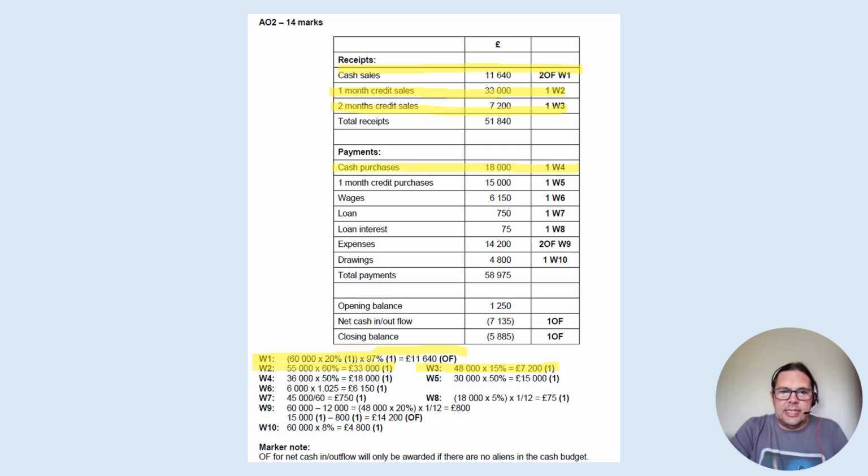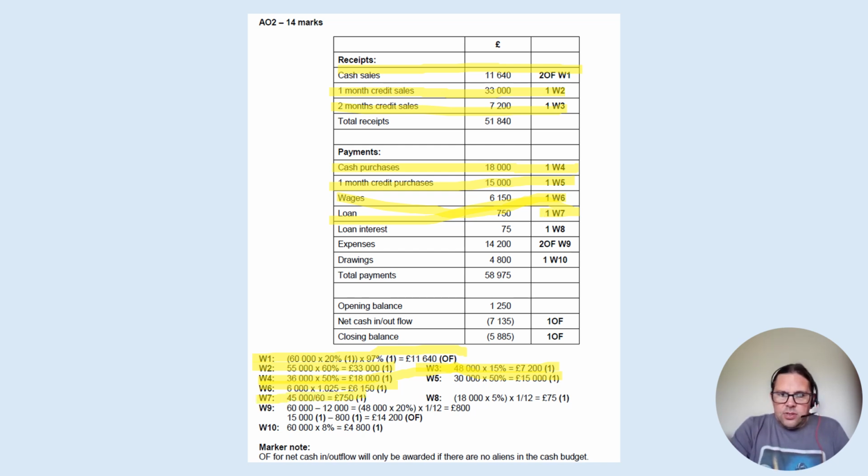Cash payments, 18,000. Well, we said that was 50% of January's, and then we said 50% of December's. That gives you the 15,000. Wages, we're just going to add 2.5%, like we said, and there we go. There's that 2.5%. We then work out the monthly repayment.